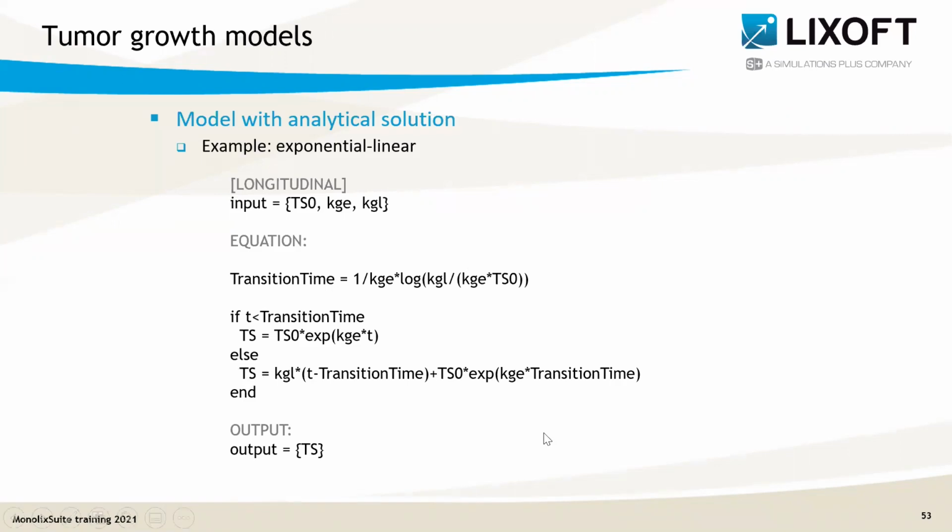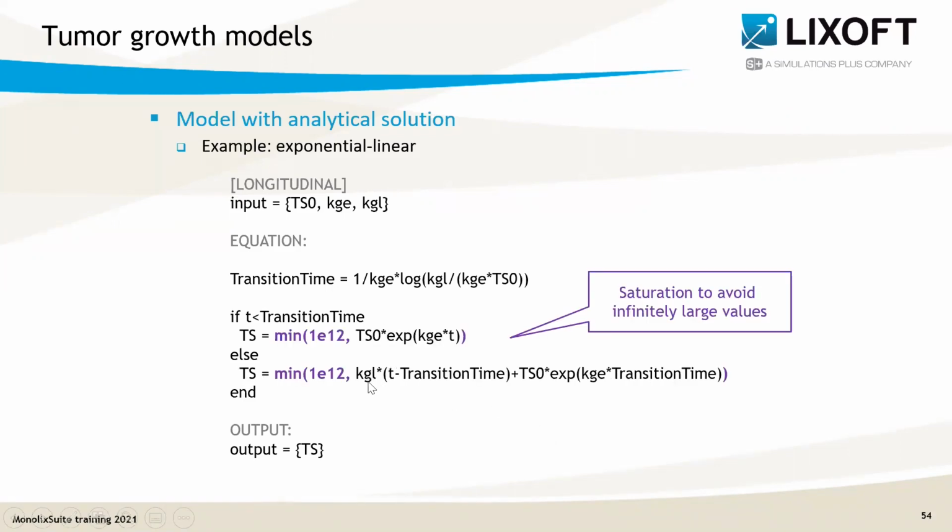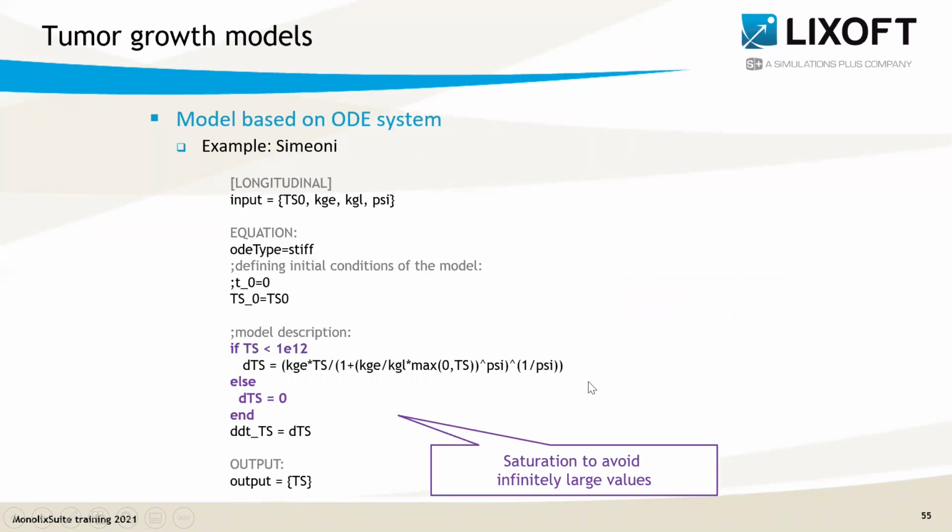So if I want to prevent this, I can add a saturation with the min function, such that the tumor size will not increase more than this threshold. And this is a precaution that is implemented in the library to avoid numerical errors. Then for models defined with an ODE system, for example, here the Simeoni growth function, the same saturation is defined with an if-else statement to avoid any error.